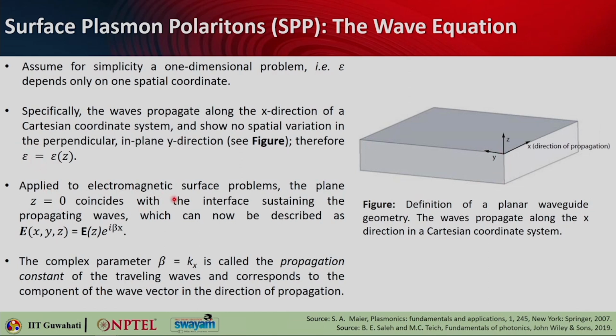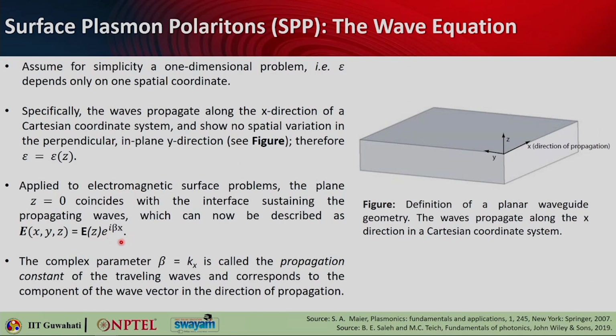Applied to the electromagnetic surface problems, the plane z equals 0, that is the xy plane, coincides with the interface sustaining the propagating wave, because the propagating wave is actually in that particular surface. So, you can describe the electric field E(x,y,z) as E(z) exponential i beta x.